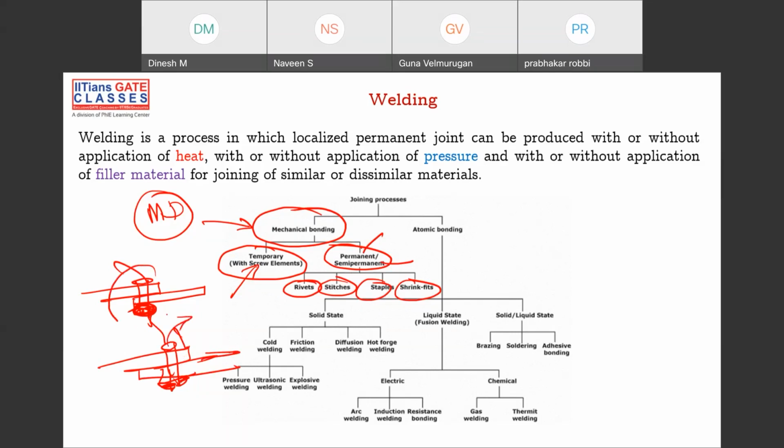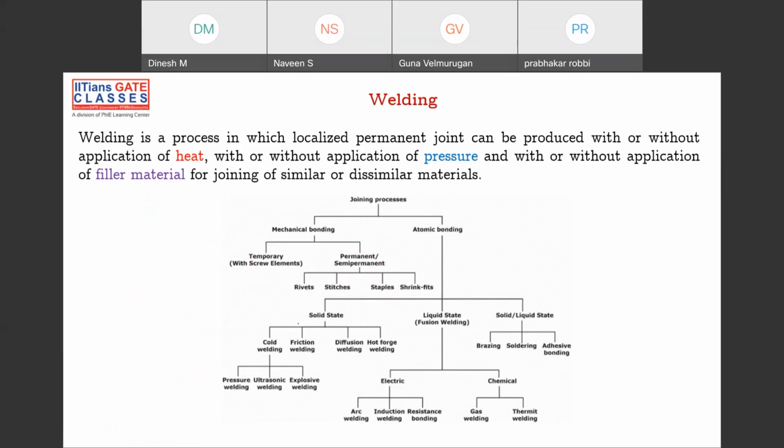In the screw case, no need to destroy the joining element. You can happily remove the nut and remove the screw. But with rivets, stitches, staples, and string pits, you have to damage, you have to break the joining element. That's the reason why they come under permanent or semi-permanent joints.